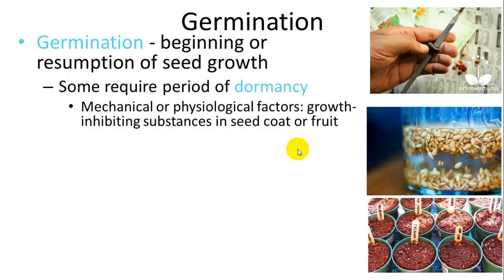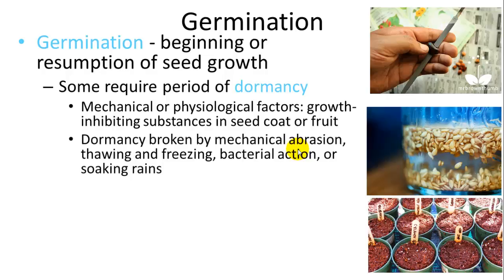It may be mechanical or physiological factors such as hormones in the seed coat or the fruit, or it may be broken down by mechanical abrasion, thawing and freezing, bacteria presence, or soaking rains. All these things will change depending on the season of the year, and so they usually correspond with the springtime.